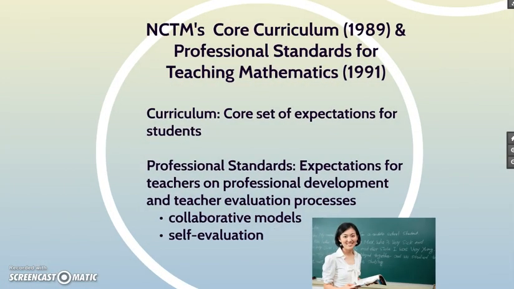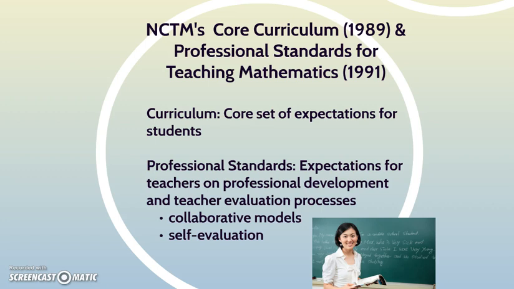Did you know that the core curriculum that we have now in many of the states in the U.S. actually first happened in 1989 by NCTM? This curriculum were the core set of expectations for students. It was topics that students needed to know, such as algebra, geometry, probability, and statistics.